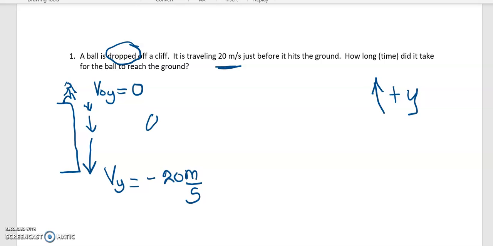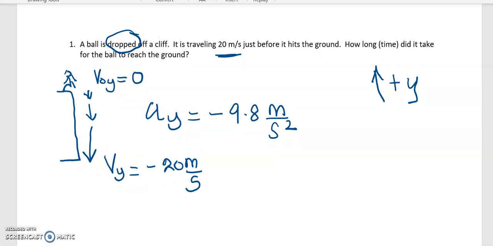And acceleration in the y direction is always negative 9.8 meters per second squared. So now we have the initial y velocity, final y velocity, and acceleration, and that's all we know. We're asked to calculate the time, t. So that's an unknown.